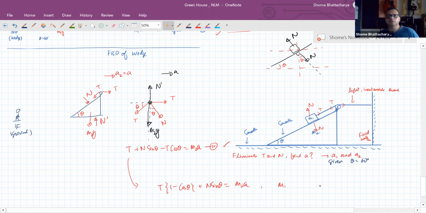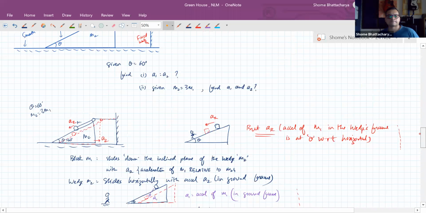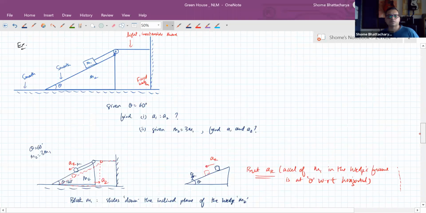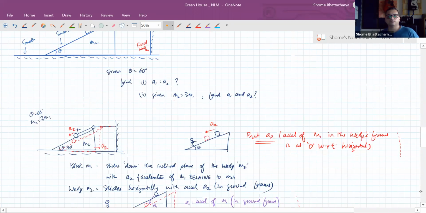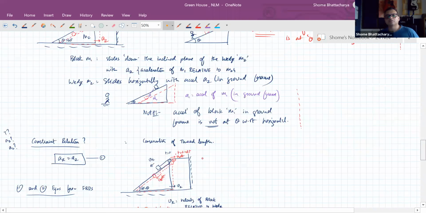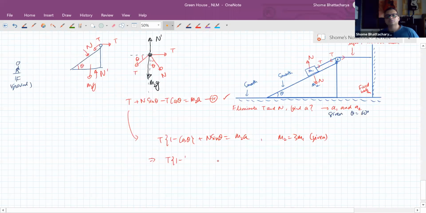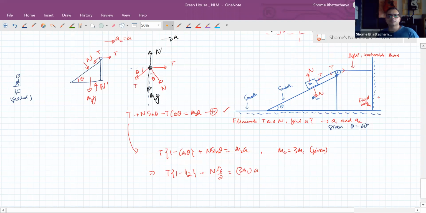At least I think that is what I had given. Yeah, m2 is equal to 3 times m1. So this becomes T into 1 minus half plus N root 3 by 2 is equal to 3m1a. Now substitute these two things from above. These two equations that we have got, we will substitute these two.